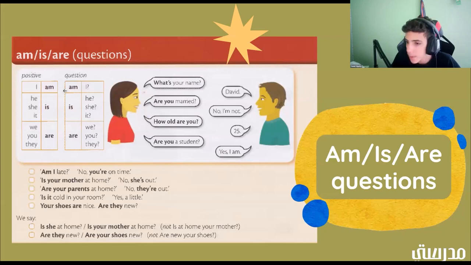She's. What about it is? It's. Good job. What about we are? What about you are? And what about they are? Good job. So there's they're, you're, and we're.